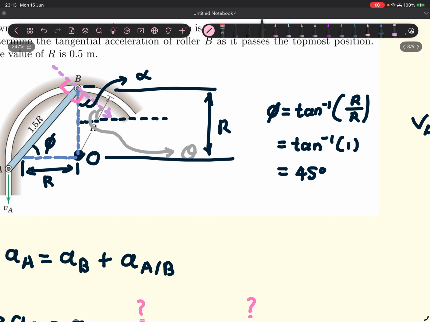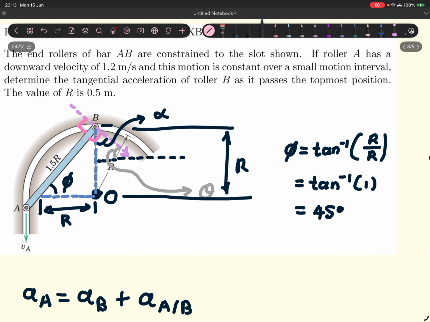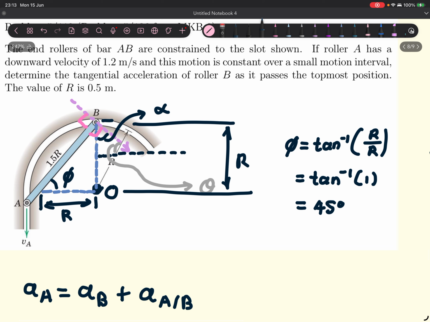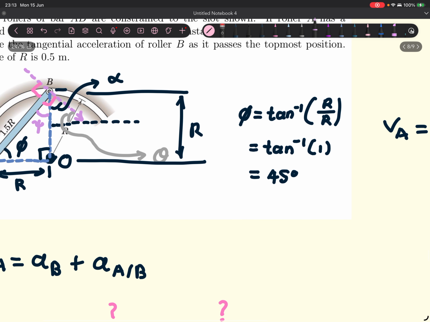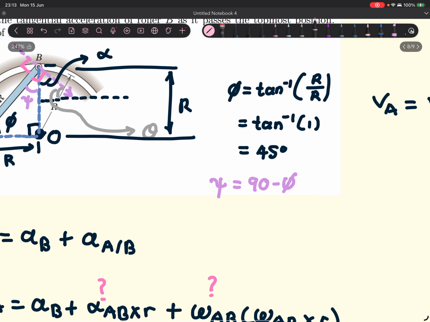Yeah. So phi is 45 degrees, right? And then this is 90. Then if I call this angle here psi, then psi is equal to 90 minus phi, sum of angles on a triangle, and then that will also be 45 degrees.